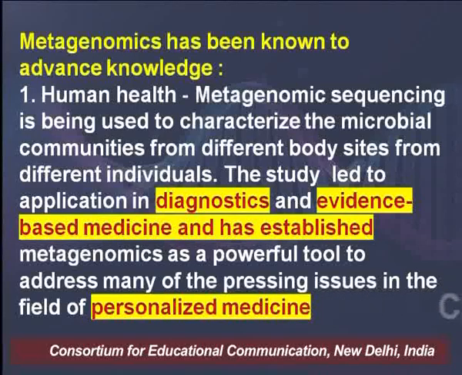There was a human microbiome project, and in that, sequences from the gut microflora, or maybe the fecal microflora, or maybe the skin microflora were analyzed and characterized, and when studied in detail, it led to the application of diagnostics and evidence-based medicine and has established itself as a powerful tool to address many of the issues related to personalized medicine.